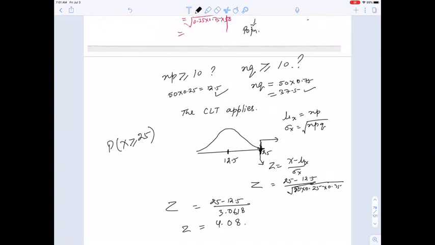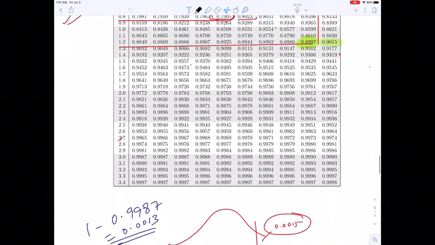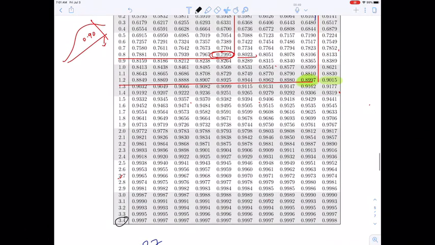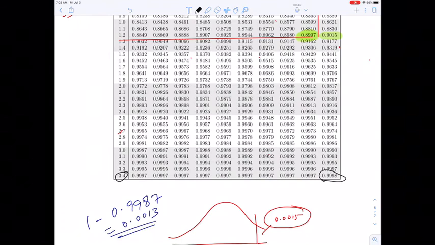What is the area on its right hand side? Hopefully you remember how to find this area. The largest Z value we have is 3.49. Area on the left hand side of that is 0.9998.